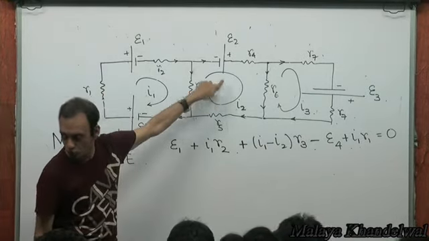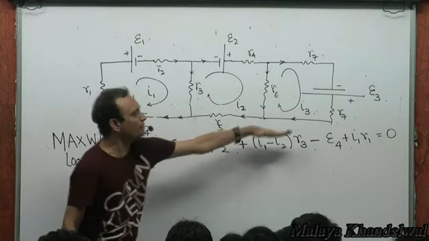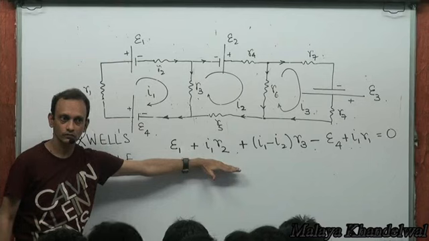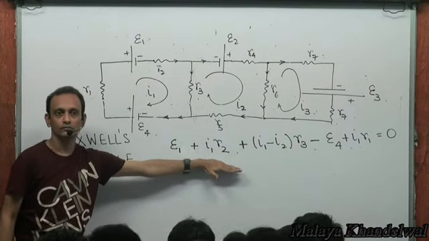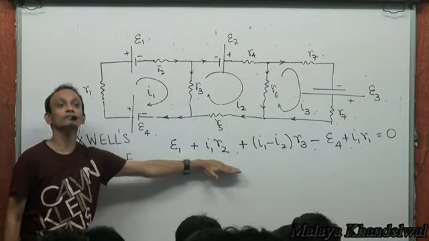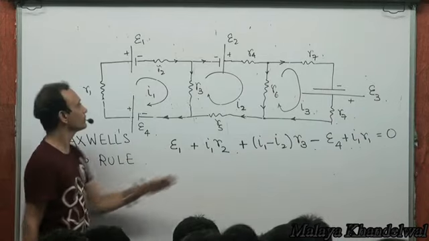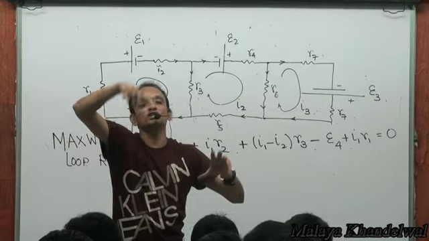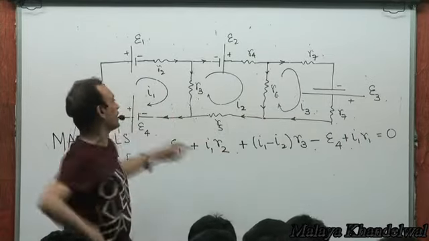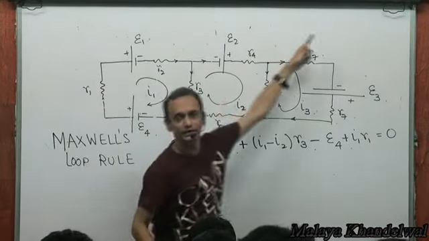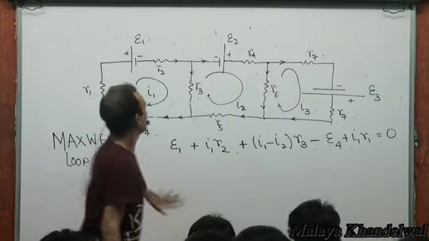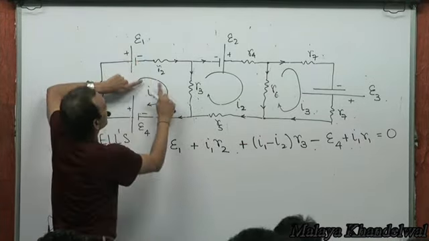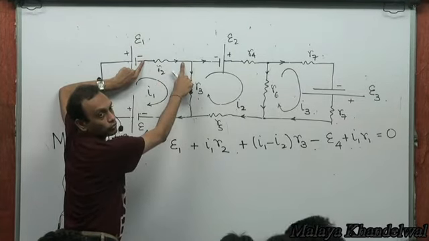Now let me apply KVL to loop 2. Have you made a note of this? I'll explain again. All that I did was there were three loops, and with each loop I associated a loop current, I1, I2 and I3. From here to here, what's the drop? Epsilon 1. I1 into R2, drop across this.